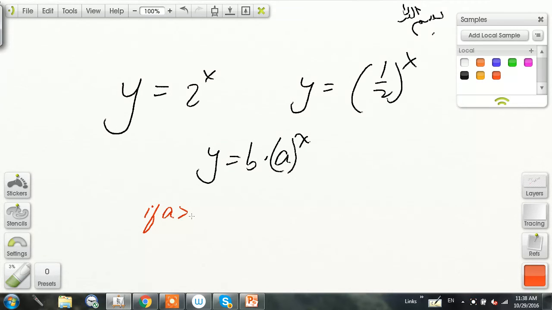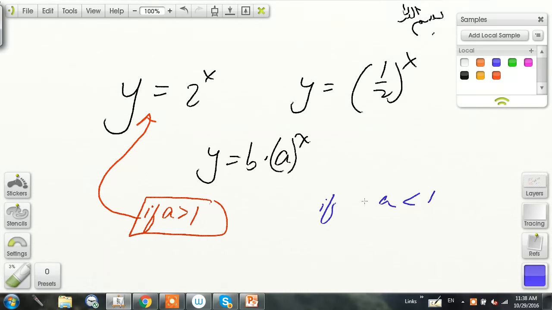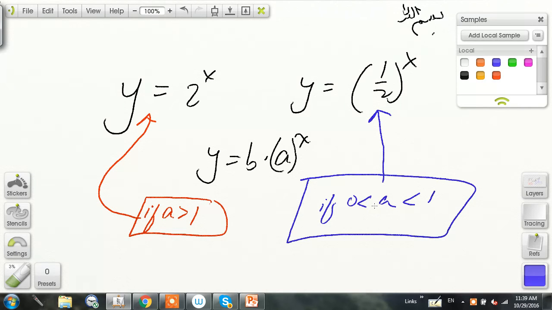If a is greater than 1, the function will look like this. Okay? If a is less than 1 but greater than 0, between 0 and 1, like half, the function will look like that. Do you understand that? Does that make sense?